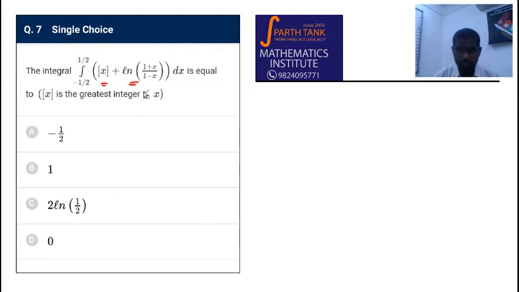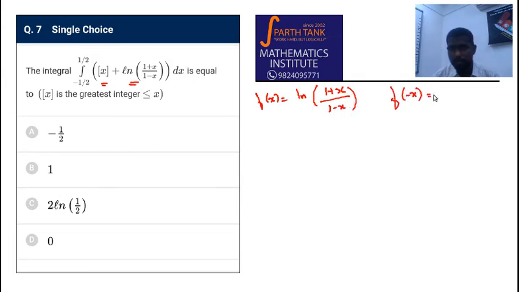But what about this? Take f of x is equal to ln of 1 plus x by 1 minus x. What would be f of minus x? This would become ln of 1 minus x by 1 plus x, right? Minus x and minus of minus x is plus x.